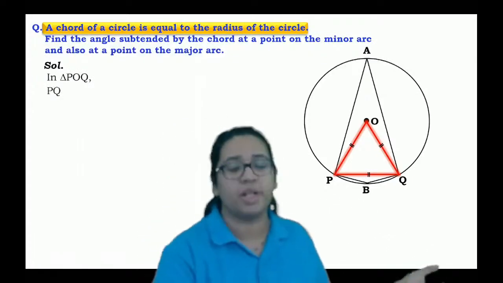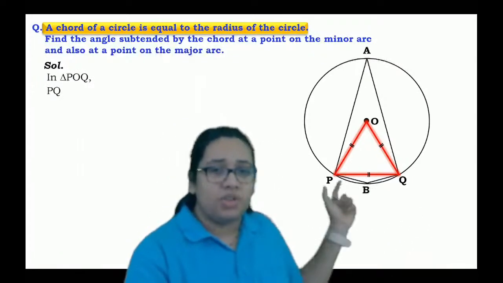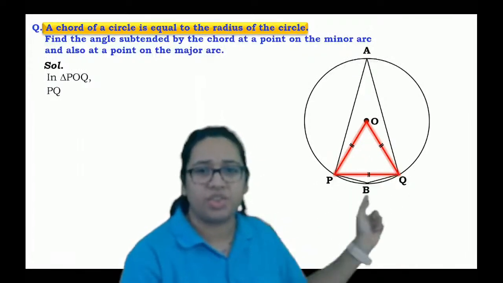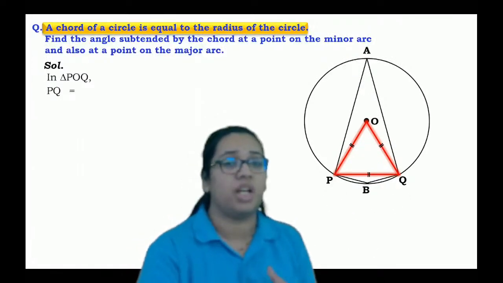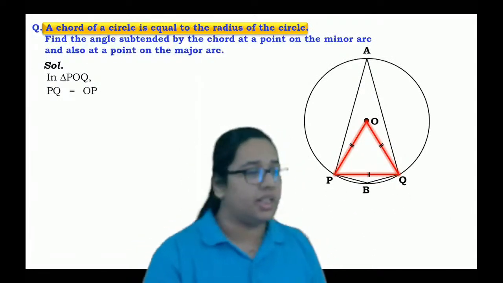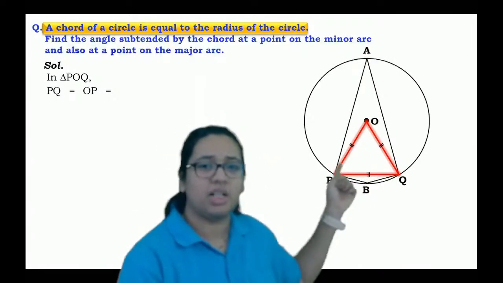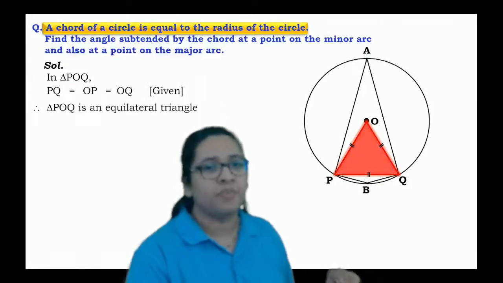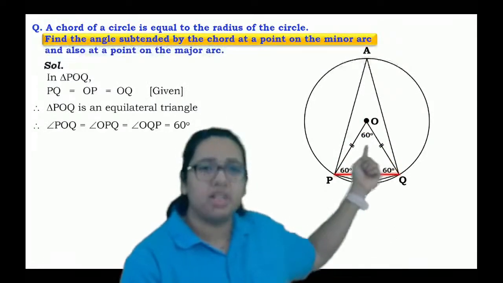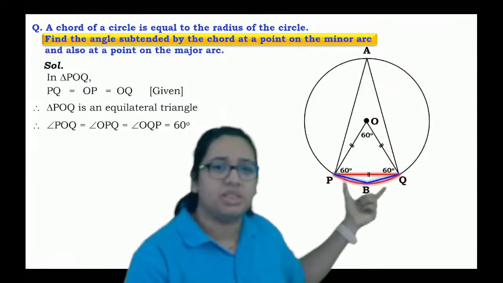In this case we have an equilateral triangle, and we know that in an equilateral triangle, every angle is 60 degrees, right? So if it is 60 degrees, then again we'll use this theorem.